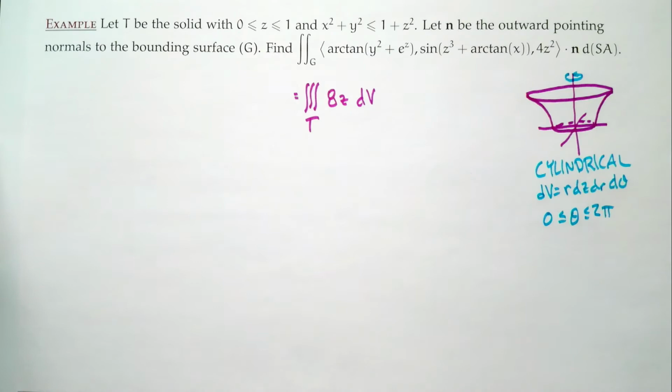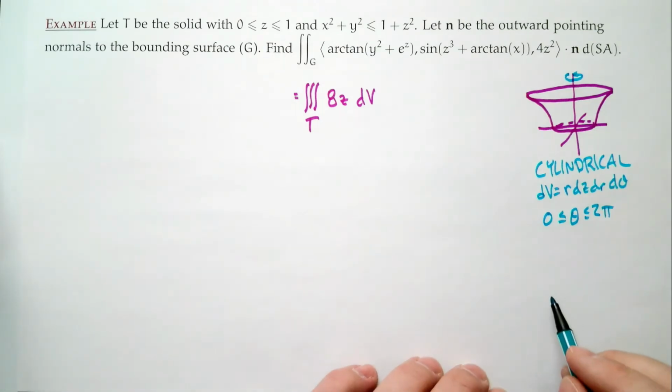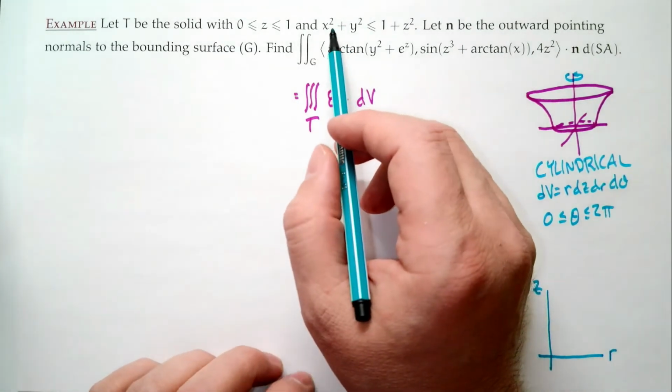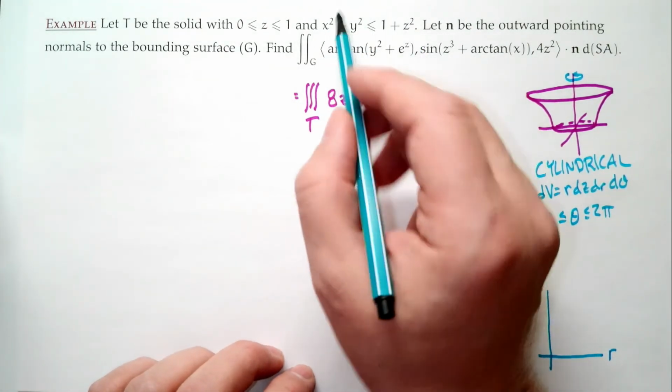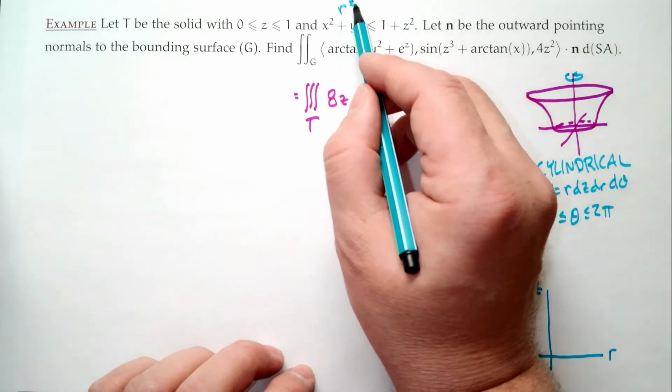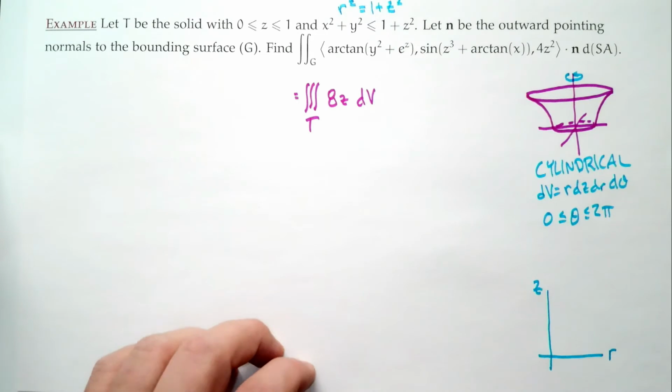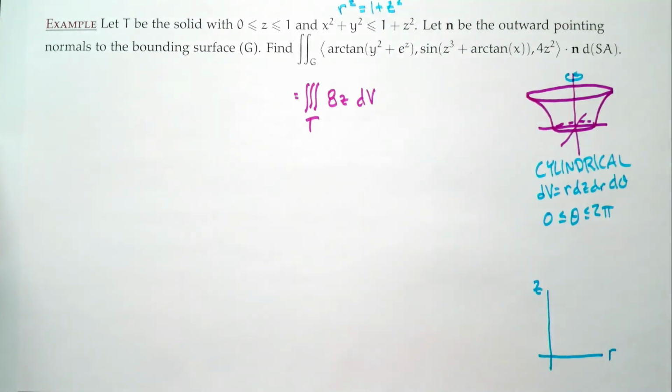Now, to get an idea of the other bounds, let's take a look at our slice. So I have r and I have z. So in particular, what we can do is if we came up here, we could rewrite this expression as r squared equals 1 plus z squared. Just to sort of see what that looks like.